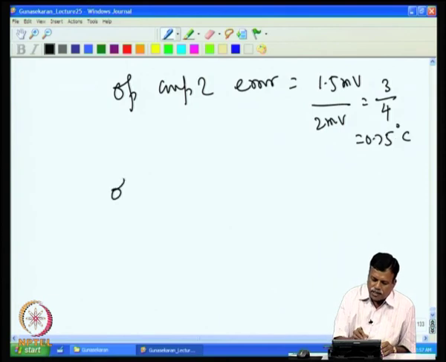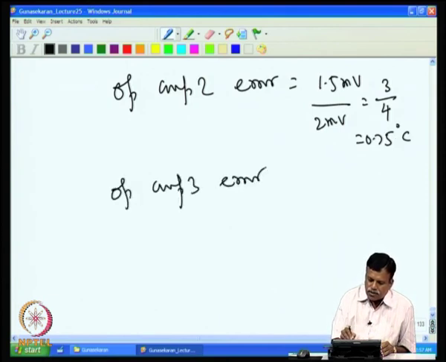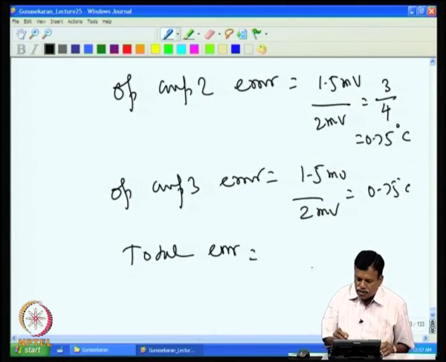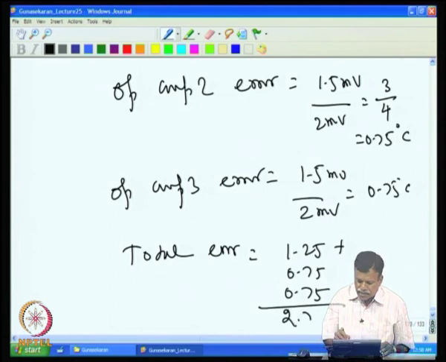The op amp 3 error would be again the same 1.5 millivolt by 2 millivolt, that is again 0.75 degree. So, total error becomes 1.25 plus 0.75 and 0.75, that comes to 2.75 degree.